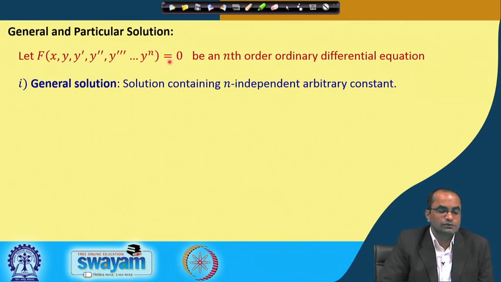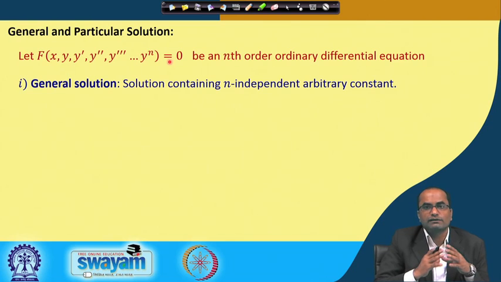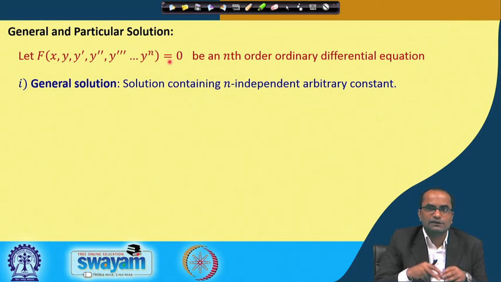In the previous slide we started with a 2 parameter family of curves, and the corresponding differential equation was a second order differential equation. Other way around, whenever we have a second order differential equation and we find its general solution, it will have 2 arbitrary constants or 2 parameters in the solution.